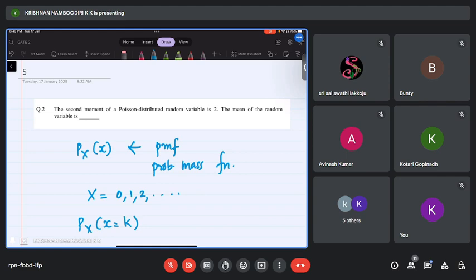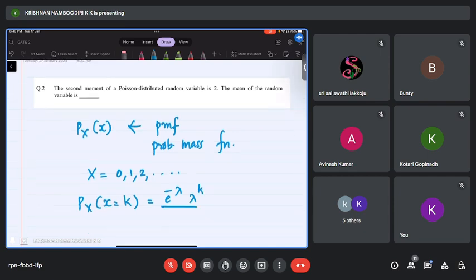This is nothing but the PMF. So this is equal to e power minus lambda into lambda power k divided by k factorial. So this is the probability of the random variable X taking a non-negative integer value k.